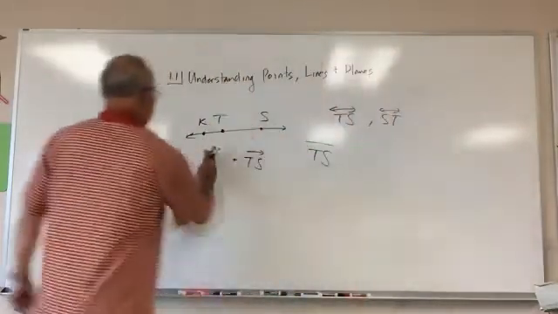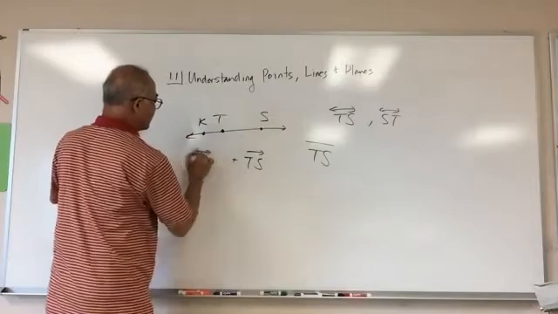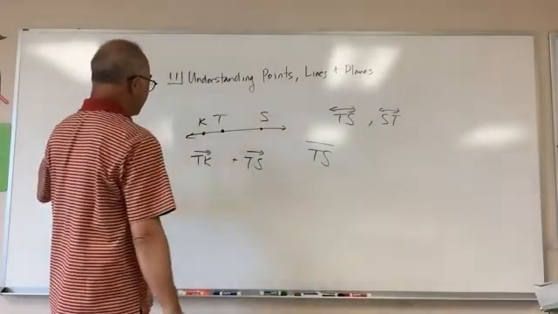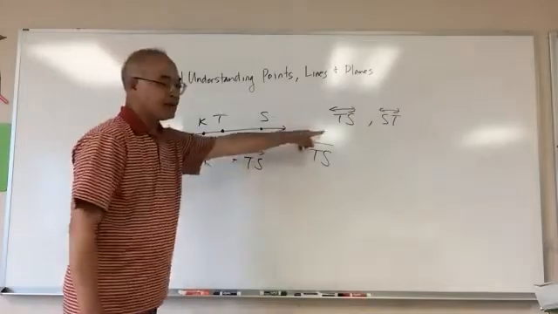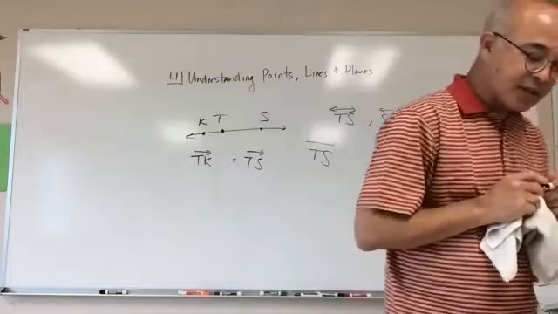TK, because it has a common endpoint, and they are going in different directions. From T to K, T to S. So that's what that looks like.